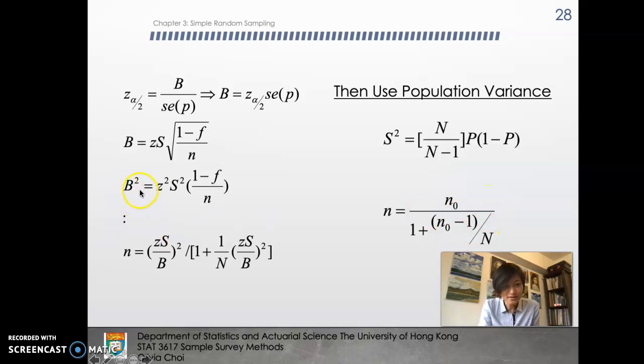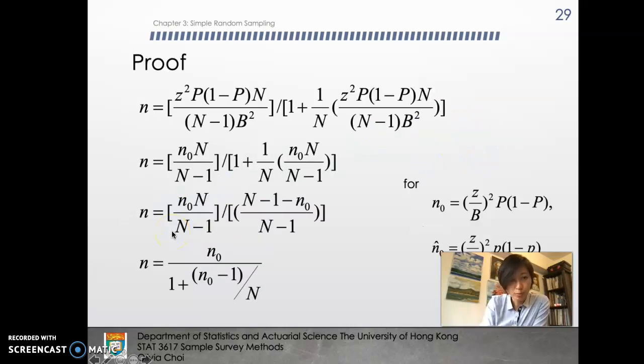So the bound of error, B squared, equals to blah, blah, blah. So move around B or n to the left, B to the right, and play around with our fraction. Then we end up having n greater than or equal to this bit divided by this big thing. Okay, substitute this into S squared.